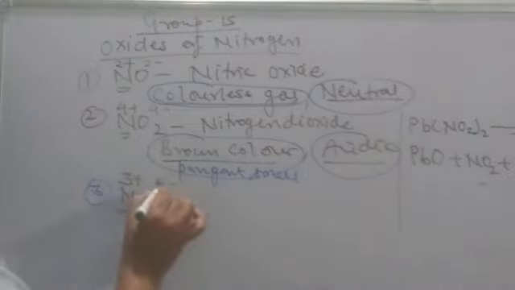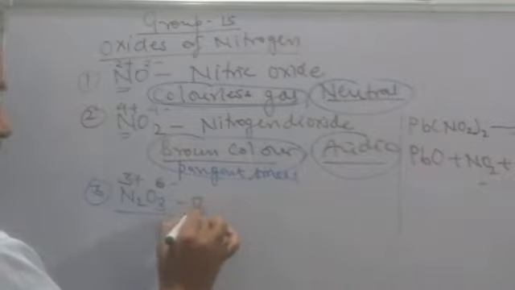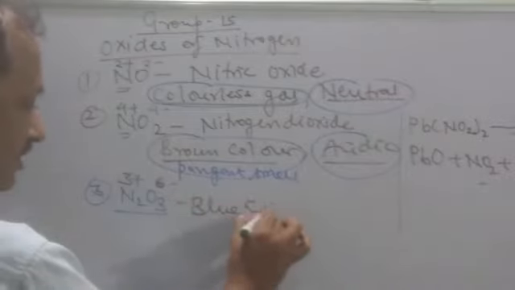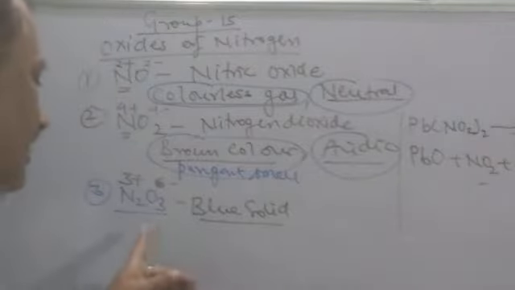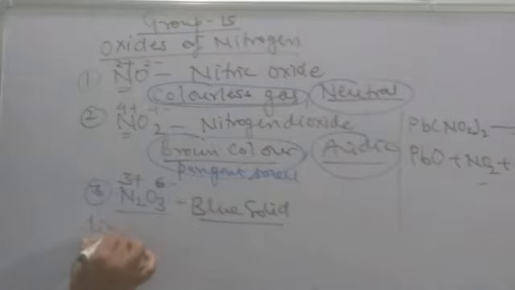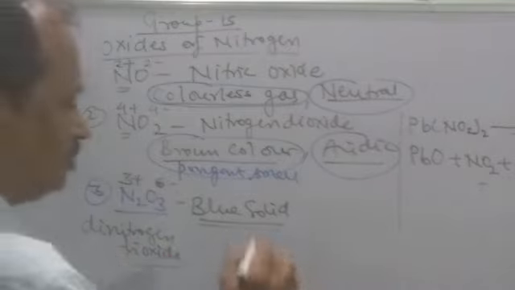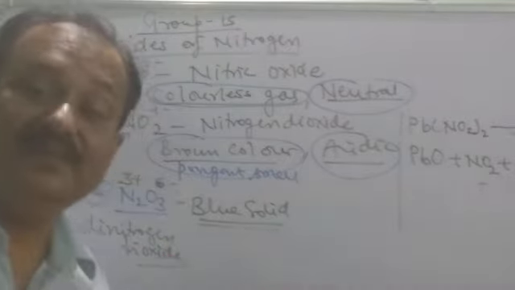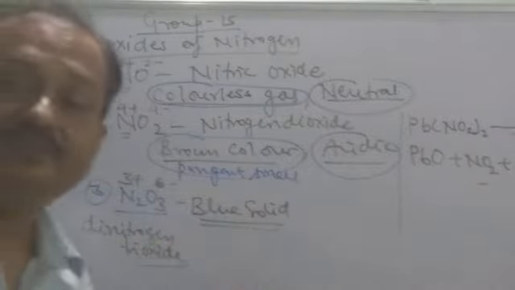Now about the properties, the features: it is important to note that it is a blue solid. Very important to note, this dinitrogen trioxide is a blue solid. No doubt it is a gas, but the very important point is that it has a blue color at very low temperature.